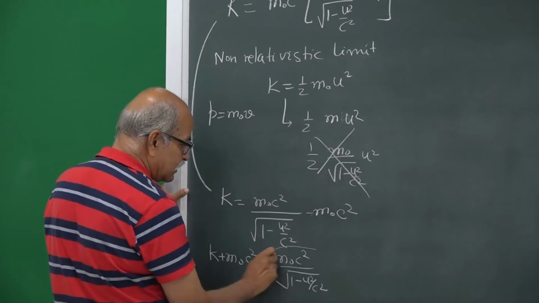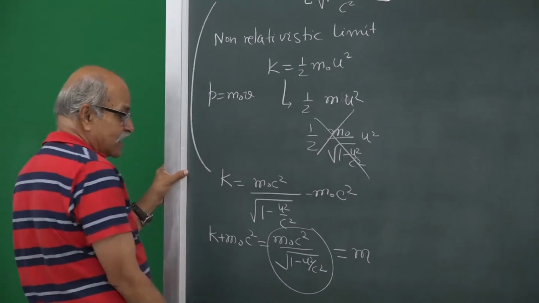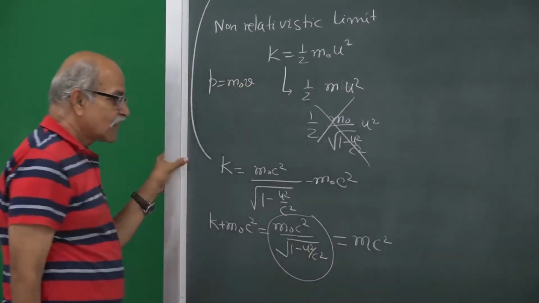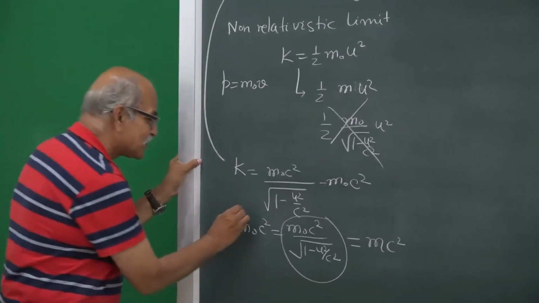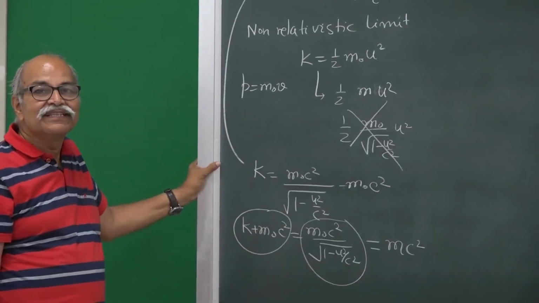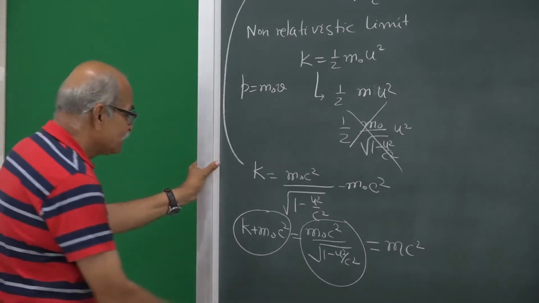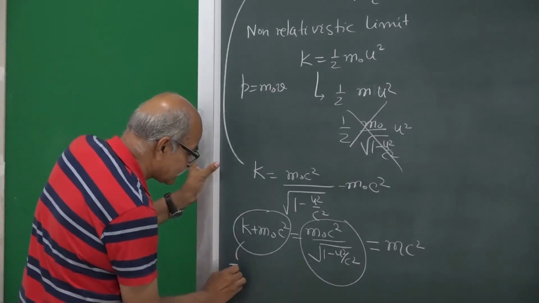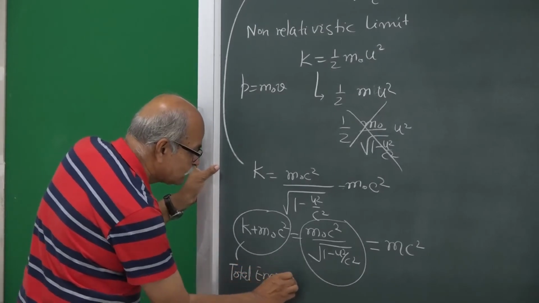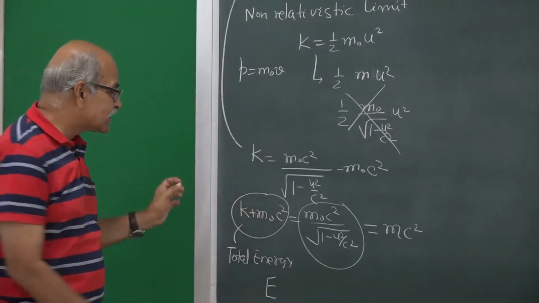And this quantity is relativistic mass. If you want to write that, m naught divided by this is relativistic mass, and then c square, mc square, and this quantity, kinetic energy plus m naught c square, this we define as another physical quantity, we call it total energy, and use the symbol E for this, total energy.